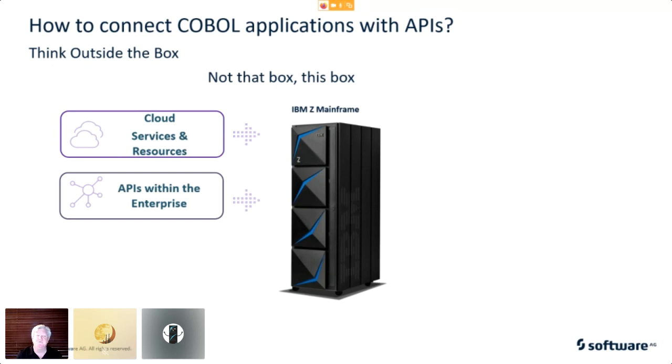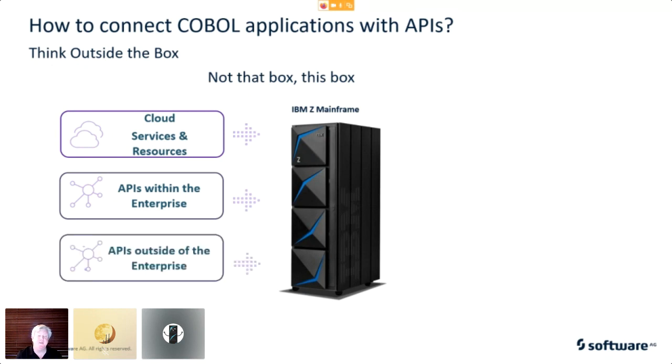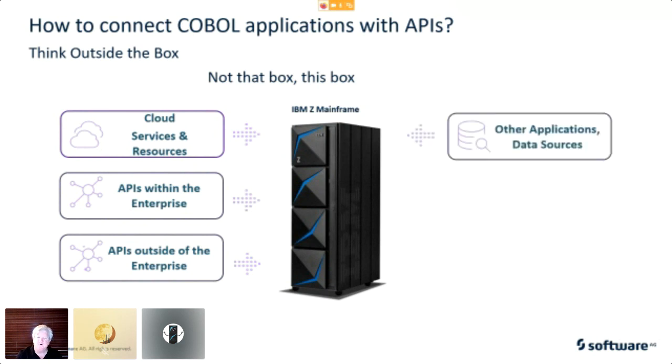There's a lot of valuable stuff that you can connect to from the mainframe. There are APIs outside of your enterprise, whether it be your vendors, whether it be your partners, those kinds of things. Think about connecting to those. Other applications and data sources, both within and external to your enterprise.